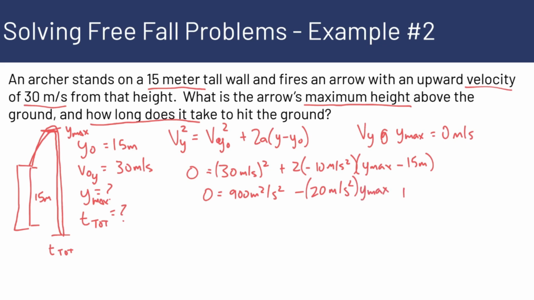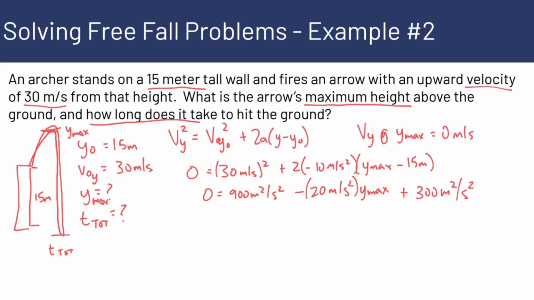And then plus 20 times 15, so that's 300 meters squared per second squared.